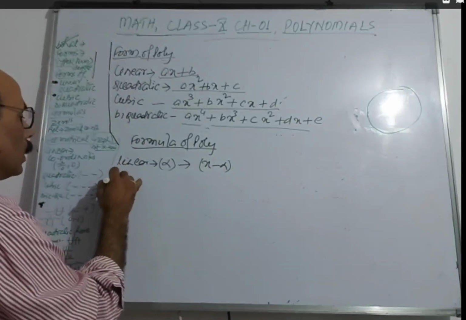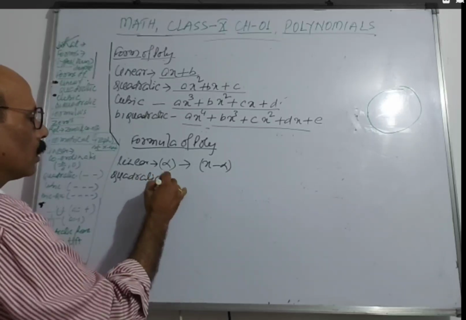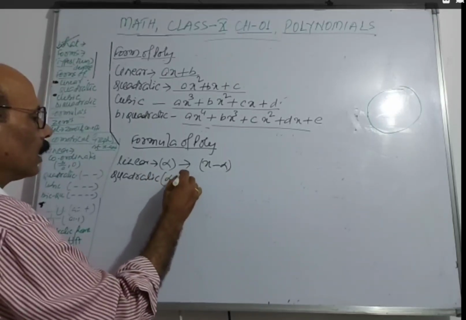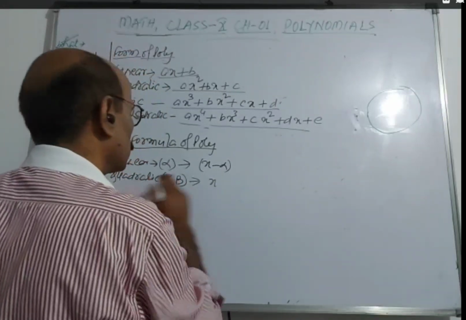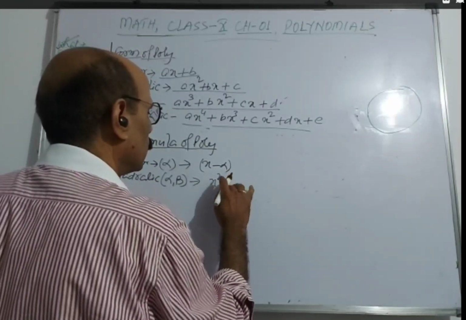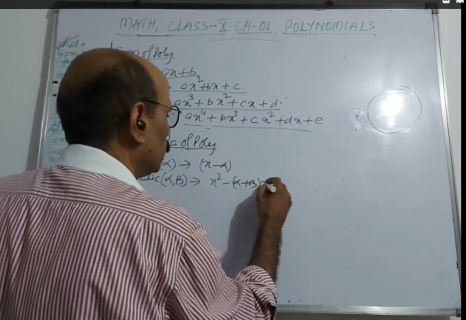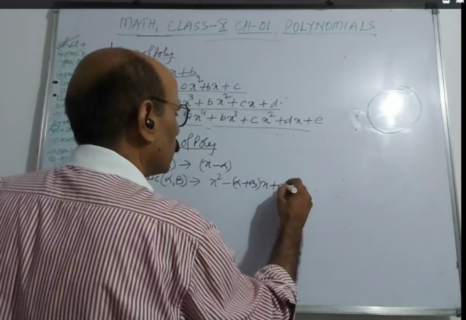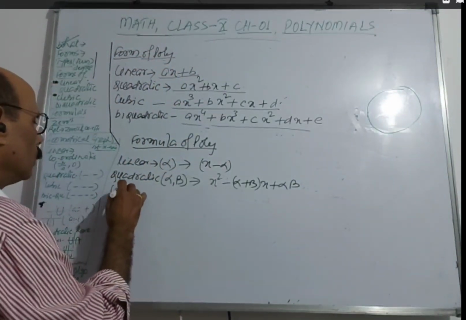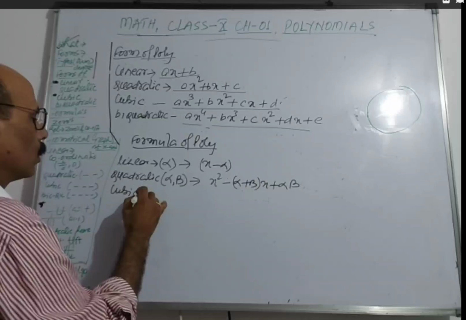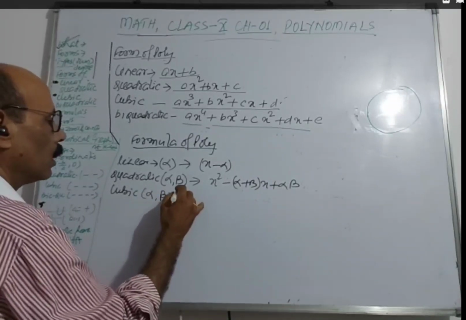If it is quadratic, that means two zeros will be there, alpha and beta. Then the formula is: x square minus (alpha plus beta) x plus alpha into beta. If it is cubic, then three zeros will be there, alpha, beta, gamma.